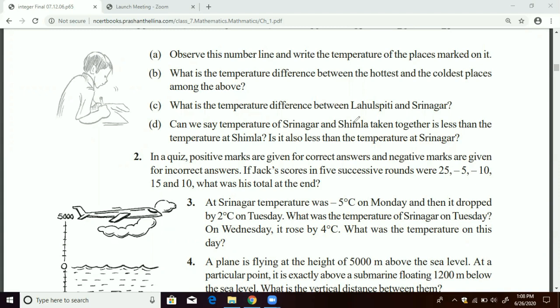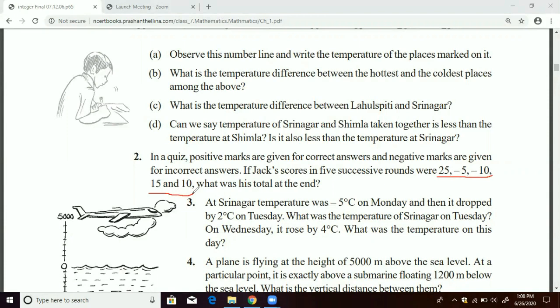So there is a quiz and a boy Jack. In 5 successive rounds, these are the scores he obtained.